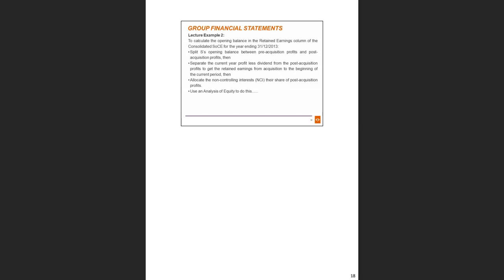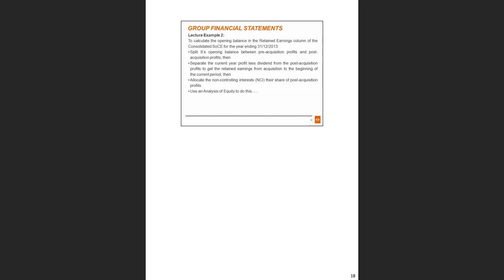So we looked at our diagram and we said that a portion of this retained earnings relates to pre-acquisition profits and a portion relates to post-acquisition profits. Then we will split the post-acquisition profits between the portion that relates to the current year and the portion that relates to the date from acquisition to the beginning of the current year.